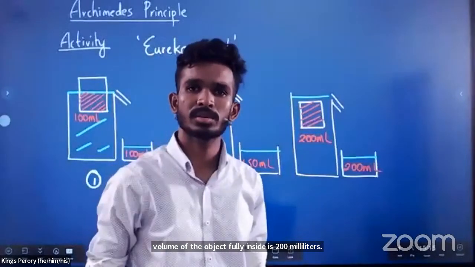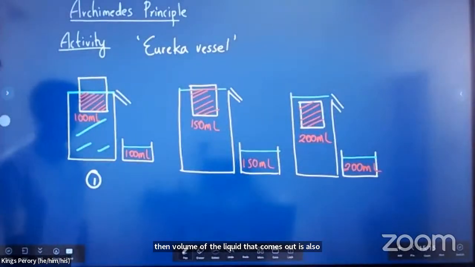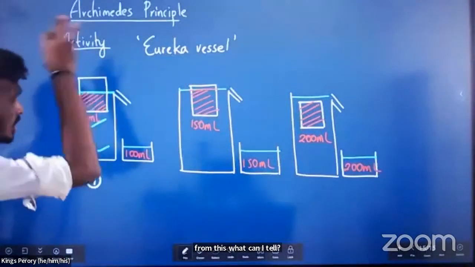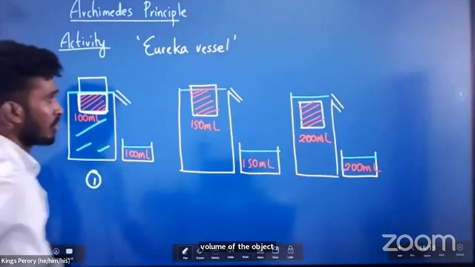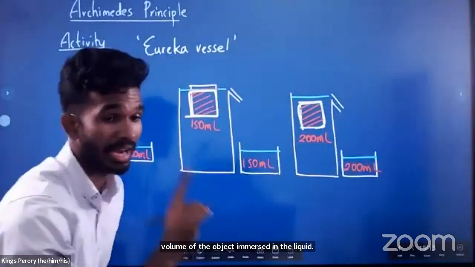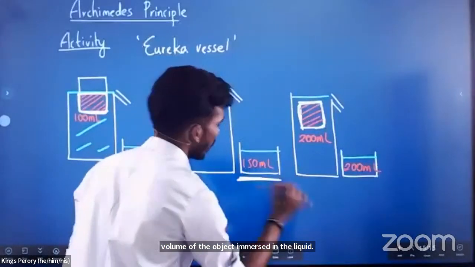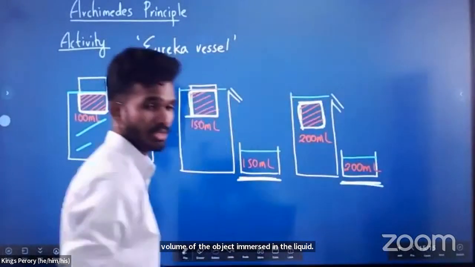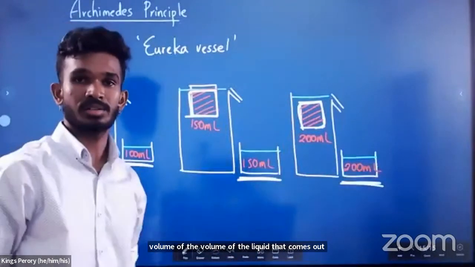From this, what can I tell? I can tell volume of the object immersed in the liquid and volume of the liquid that comes out are both equal.